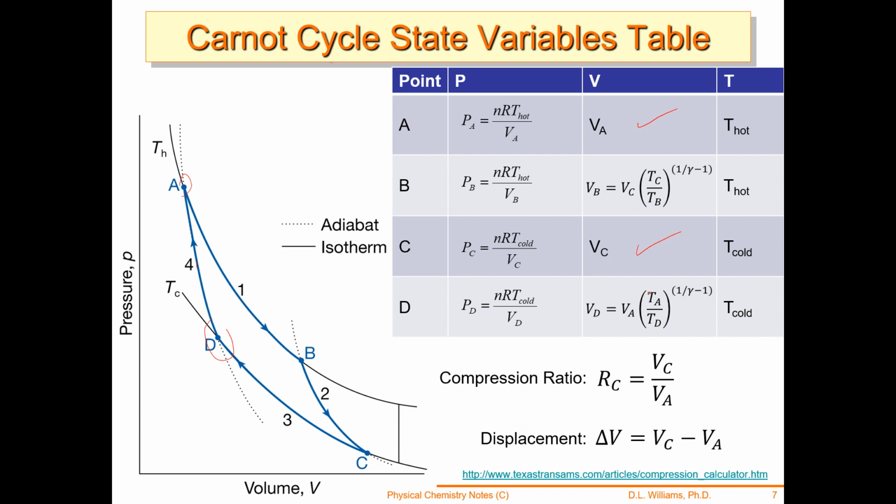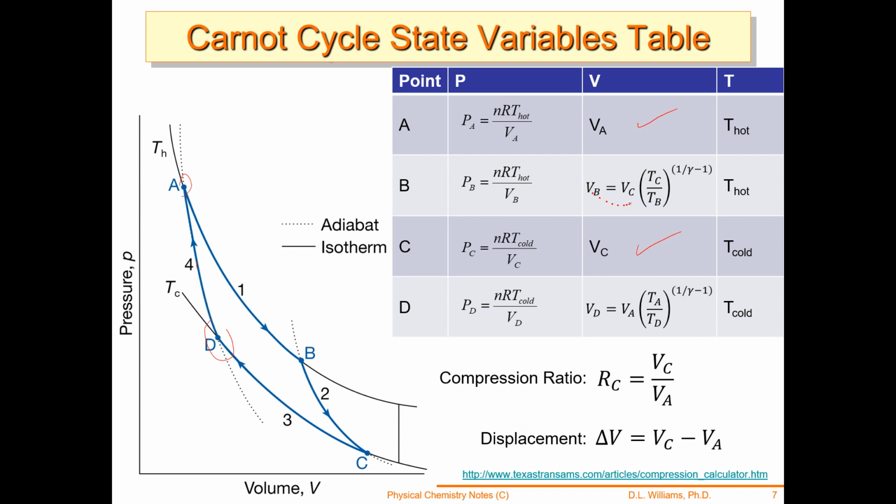That's the number one mistake I see. People think, okay, I know how to use the adiabatic relationships, but they use the wrong temperatures and the wrong volumes in these ratios. If you were to use VC, it would not work because VC and VD are connected by an isotherm. So it's VD and VA that are connected by an adiabat.